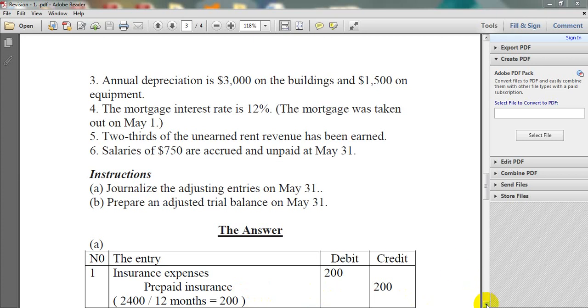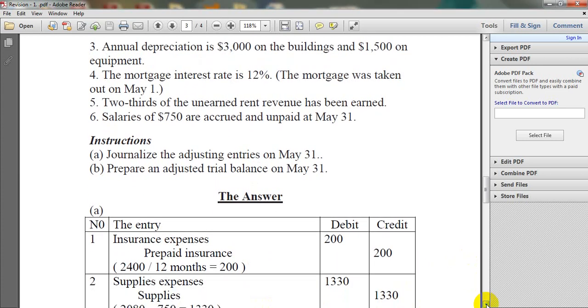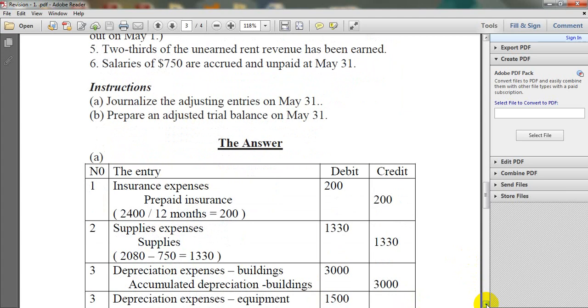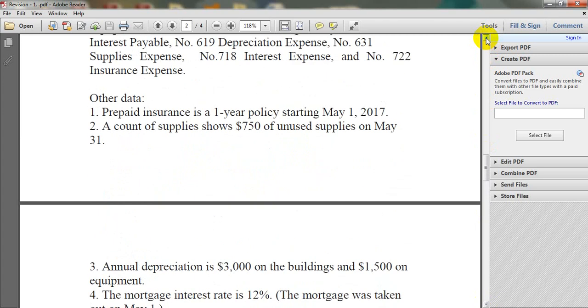We will start to answer this problem. For the first transaction, prepaid insurance is a 1-year policy starting on May 1.